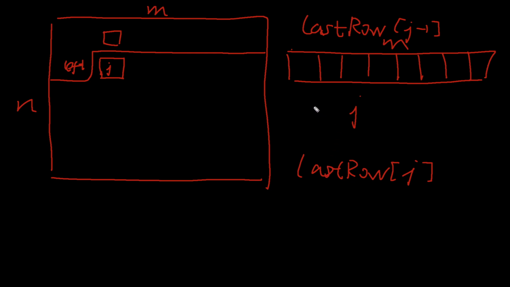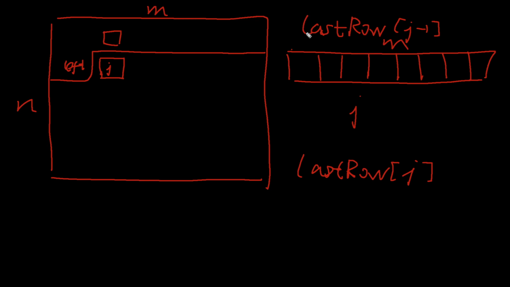After that, based on these two neighbors and their different colors, we have some different options here. Basically, it means we can paint this cell with certain colors. After this one is done, we also need to update the last row. How do we update it?